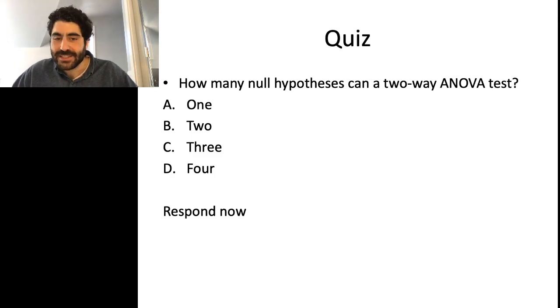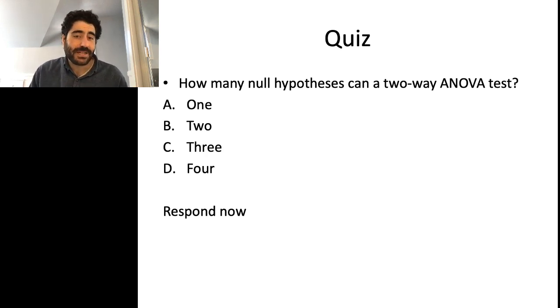Yeah, so the answer here is 3, right? A 2-way ANOVA means there's 2 factors. So we can test a main effect of one factor, a main effect of a second factor, or the interaction between the 2 factors. So if we think about, for example, a 3-way ANOVA, the number of null hypotheses we can test actually starts getting a little bit crazy, right?